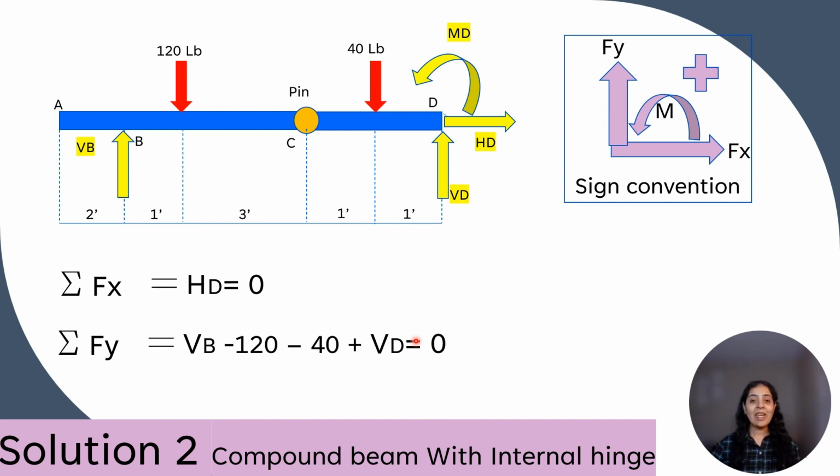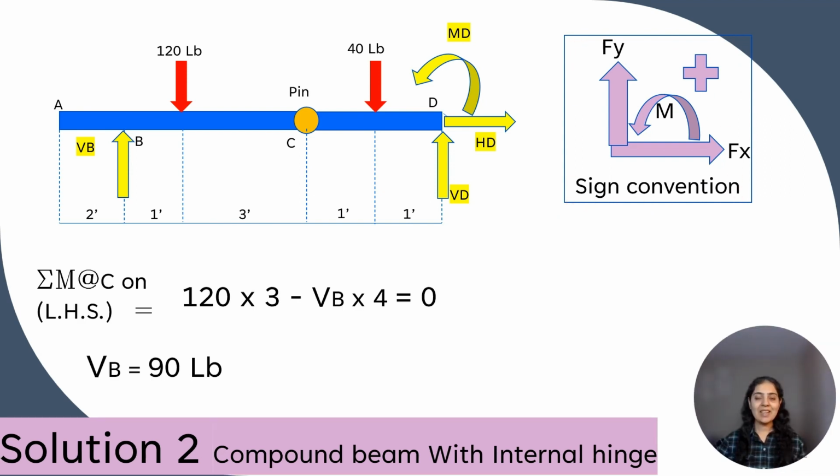And yes, it was according to the sign convention given here. As I have told you in the previous slide, we get one more moment equation per pin for the beam with internal pin. So here it will be applied as follows.